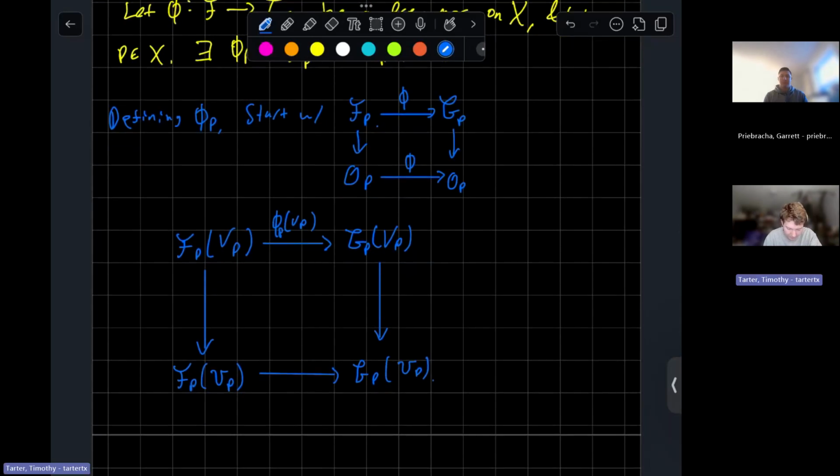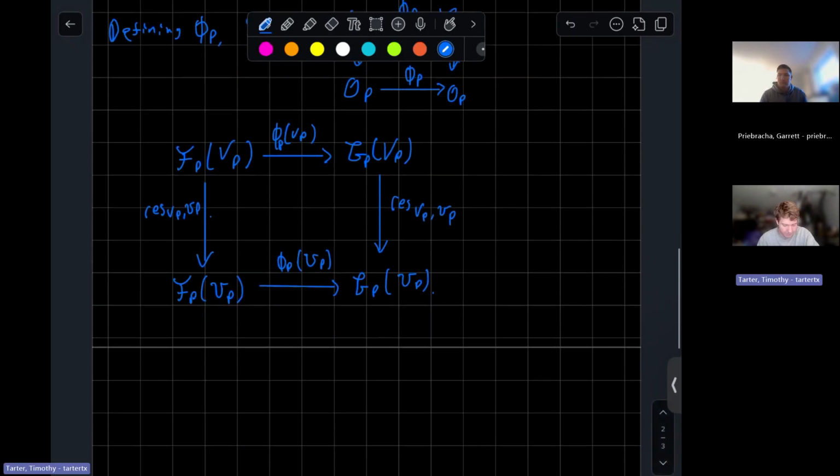And I guess this is 5p. This is res VP, UP, res VP, UP. So this is what we need to satisfy with 5p.